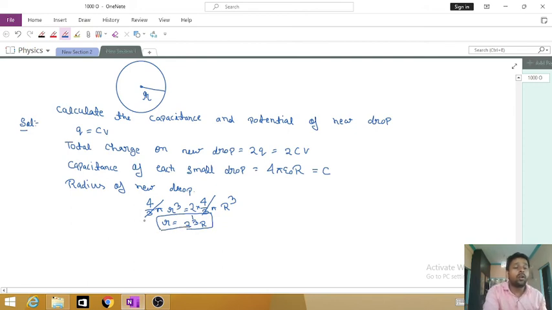Now we want to get the capacity of the new drop. Suppose C dash is the capacity of the new drop.